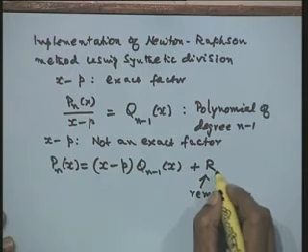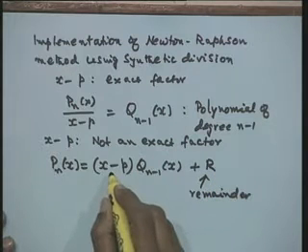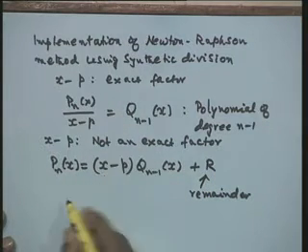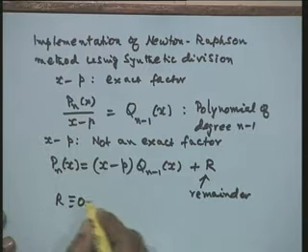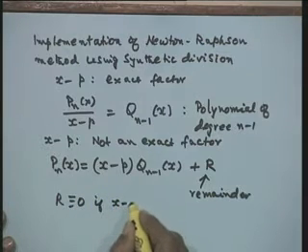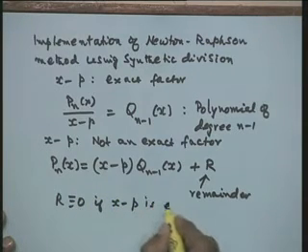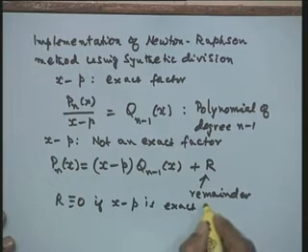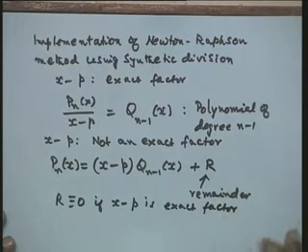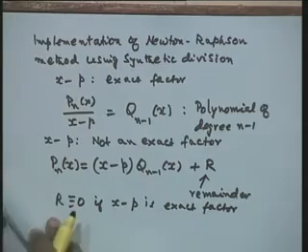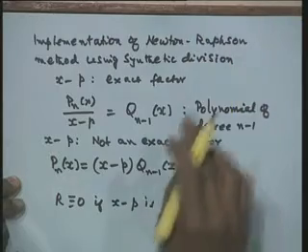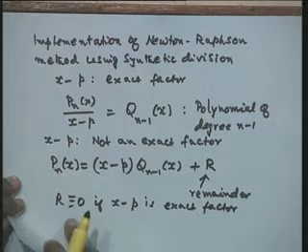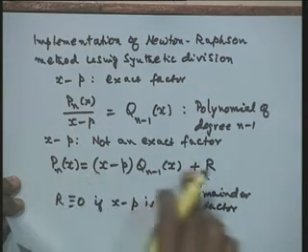Obviously r is identically 0 if x minus p is an exact factor. Now it is this particular equation that I would like to use in order to implement the Newton-Raphson method by synthetic division. Now let us open it up and write the entire thing here.